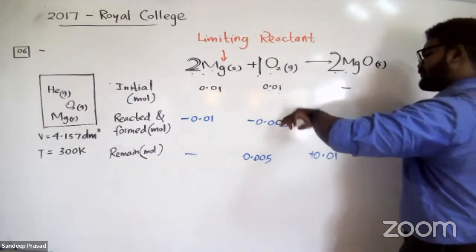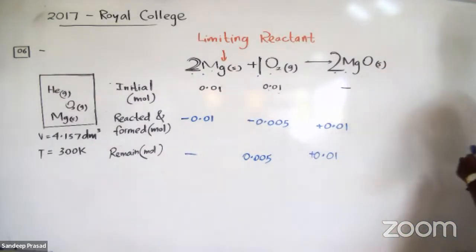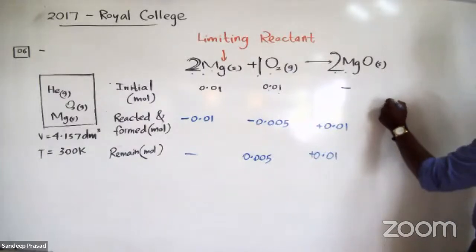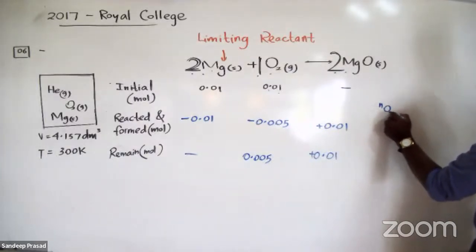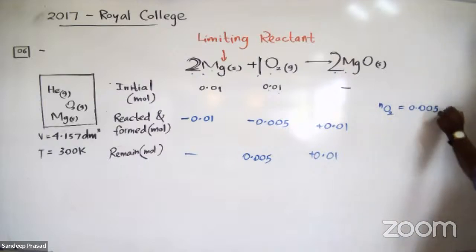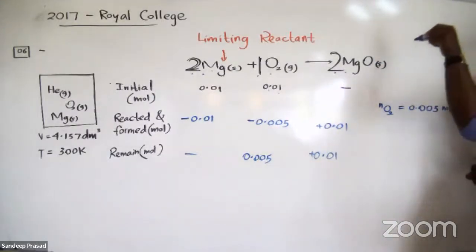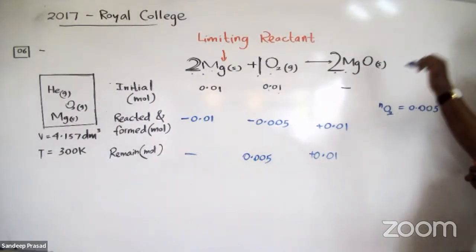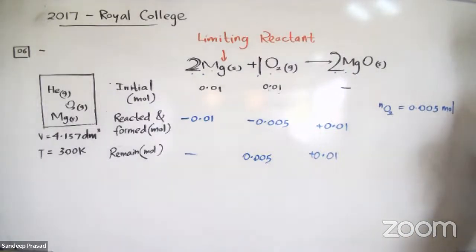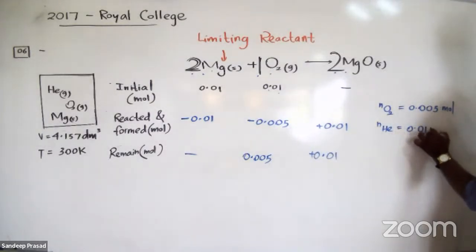Oxygen, half of the oxygen is gone. Now the remaining oxygen amount in the system is 0.005. Sir, what happened to helium? Helium is already in the system. It is not reacting with the others because helium is a noble gas. We have added helium initially 0.01.